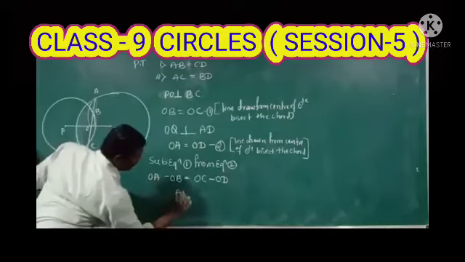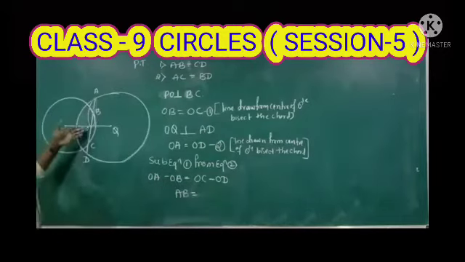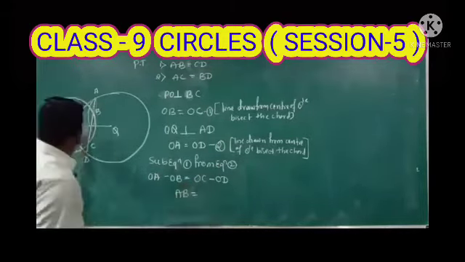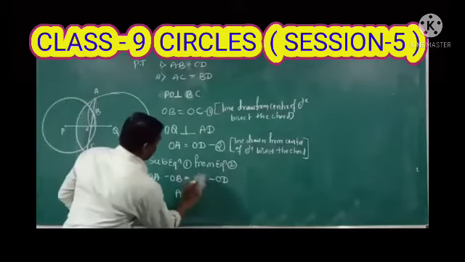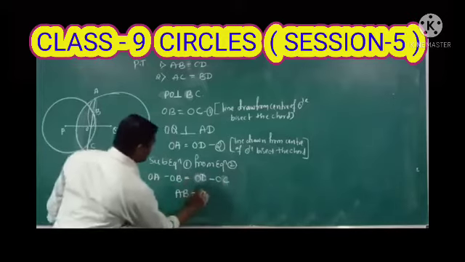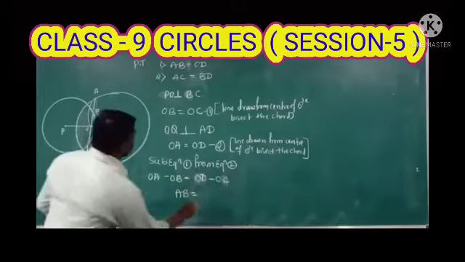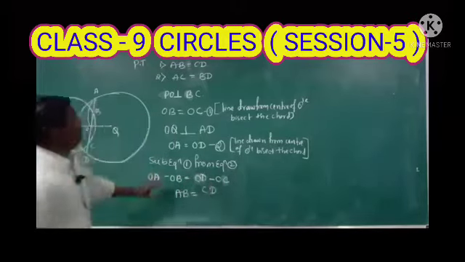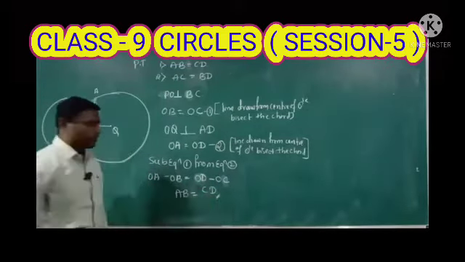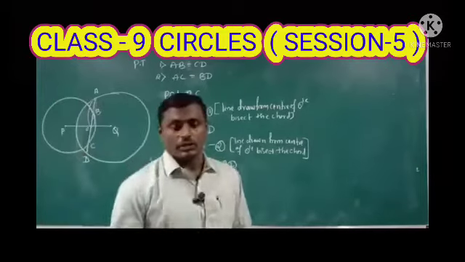So AB is equal to, similarly in the second case, OD minus OC. OD minus OC is nothing but CD. So therefore here we have proved AB is equal to CD.